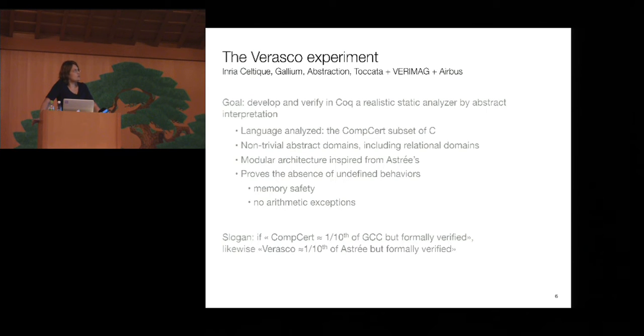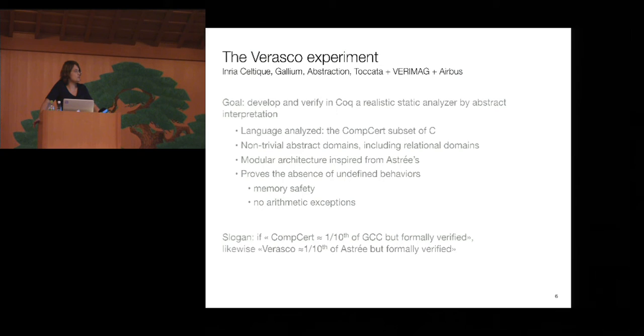So the language our analyzer operates over is a CompCert subset of the C language, which is almost C ISO 99. This analyzer is using non-trivial abstract domains, including relational domains. And its architecture is very modular and inspired from Astrée's architecture. In the end, this static analyzer is able to prove the absence of undefined behavior, including the memory safety of C programs. And we have the following slogan.